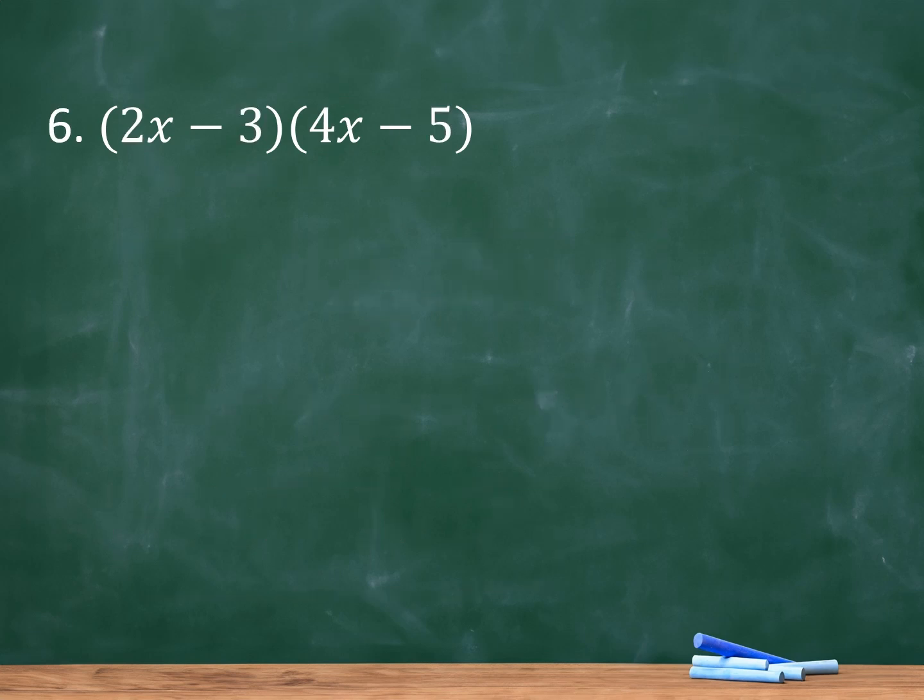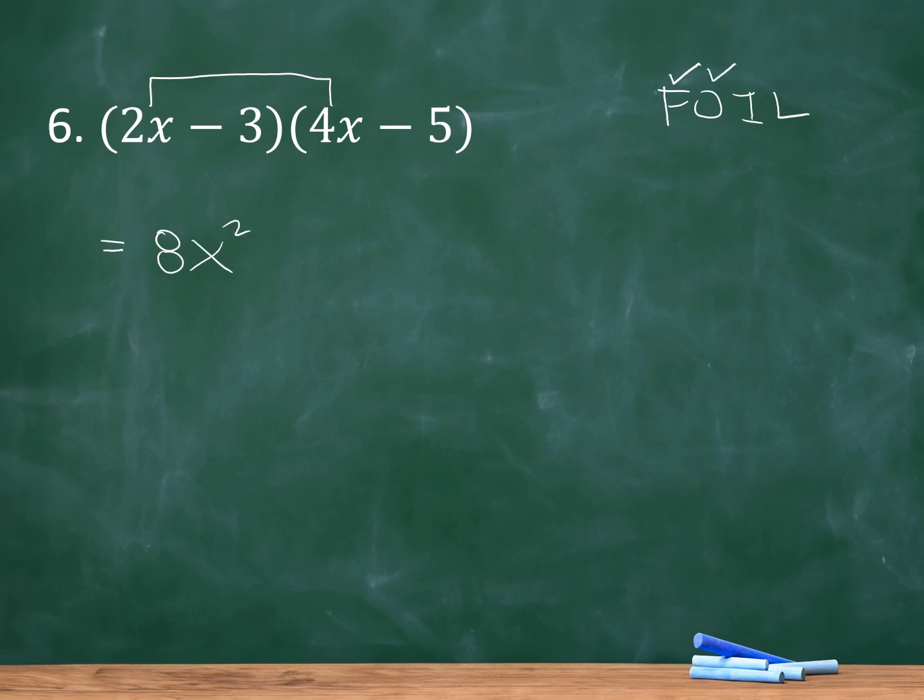For our last example, we will multiply 2x minus 3 and 4x minus 5. To multiply these two binomials, again we will just follow the FOIL method, where F means the first terms. So multiply 2x and 4x, and that is 8x squared.